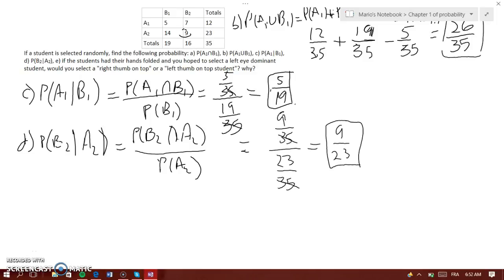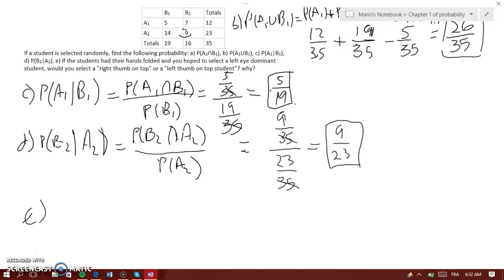Okay. Now part E. Part E says, if the students had their hands folded and you hoped to select a left eye dominant student, would you select the right thumb or a left thumb? Why?